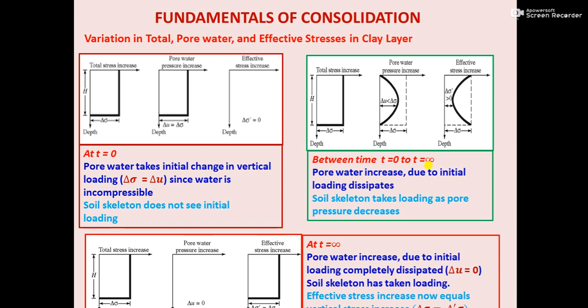Because of the low permeability of clay, it is very difficult for all the pore spaces to become empty of pore water and for every soil particle to come into touch with each other. That possibility will only come at an infinite time. That means from t is equal to 0, it may take, let's say, 100 years, 200 years also.